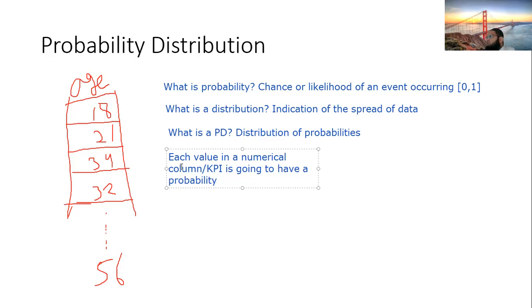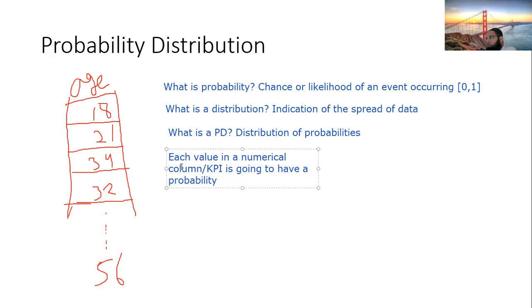Okay. So in the same way, if I record the age of, let's say, 500 IBS students, so I have 500 values in the age column. So every age value is going to have some probability of occurrence.